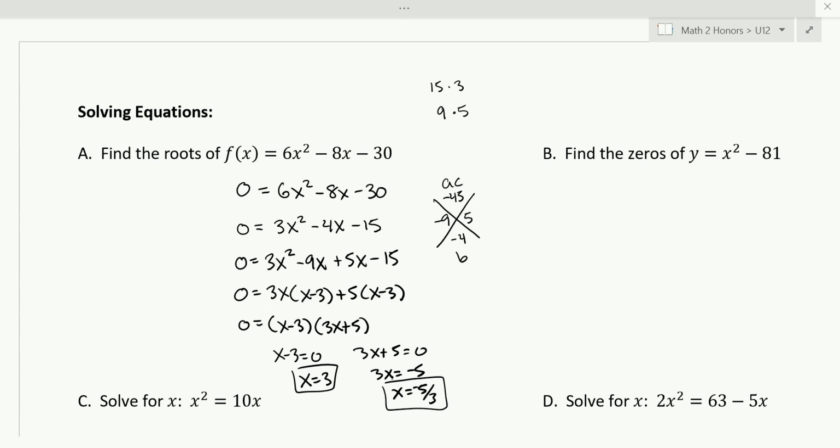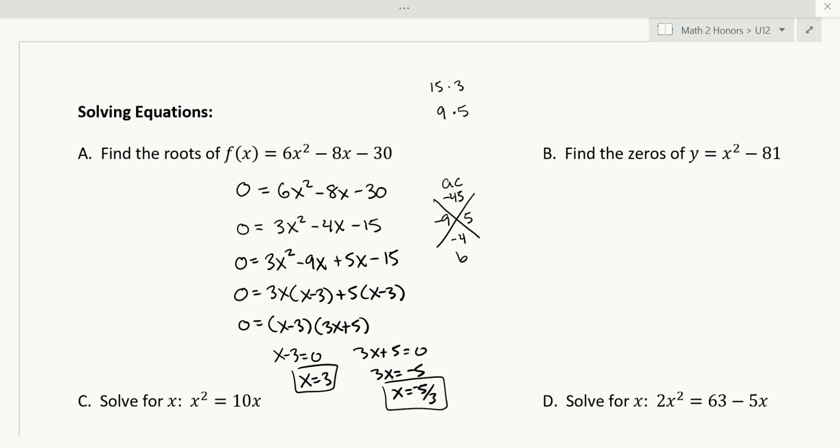Let's try that. What's that going to be? Negative 2/3?